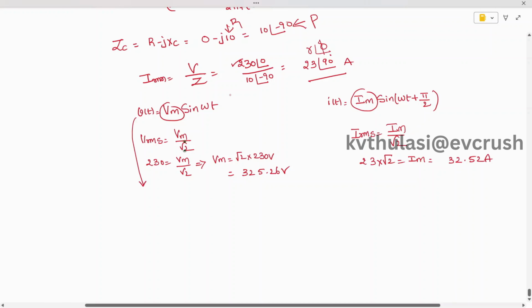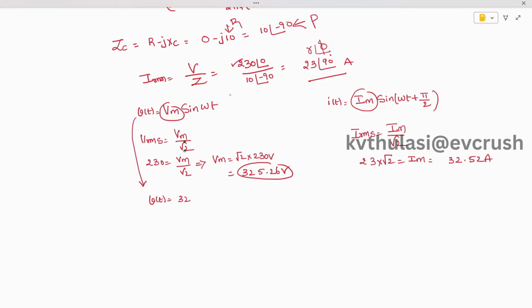Now let's substitute in the equation. In the instantaneous voltage equation, v of t is equal to the maximum value we obtained, 325.26, sine of omega t. What is the value of omega? 2 pi f, and f is 50, so 2 pi 50 t.